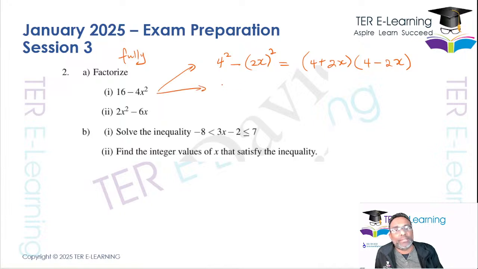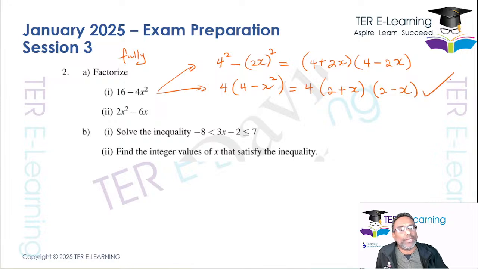We can pull out 4, open brackets, 4 minus x squared, and then we can write this as 4 open brackets, 2 plus x in one bracket, and then 2 minus x in a next bracket. So if they ask us to factorize fully, we're going to give them this as the answer. So look out for these words in the exam question. I didn't put fully here, but if they had said fully, then this is going to be the answer. So keep that in mind.